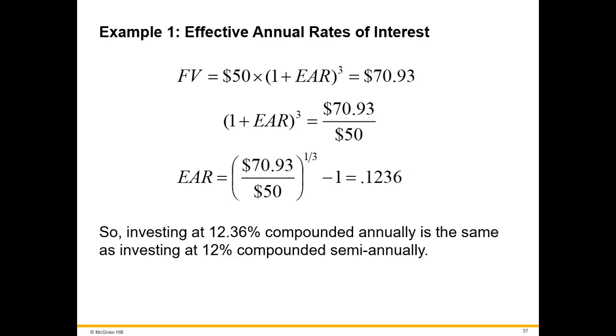We then add that first 6 months worth of interest to the beginning of the year's investment balance and calculate interest again. So in the end, we're earning more than 12% interest because it's compounding more often. So the interest rate we're truly earning annually is 12.36%. And that's what effective annual rate of interest is.